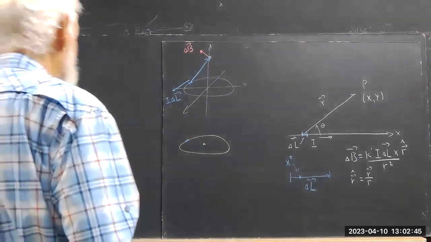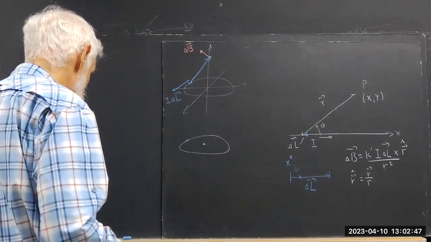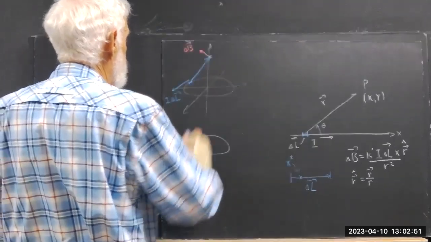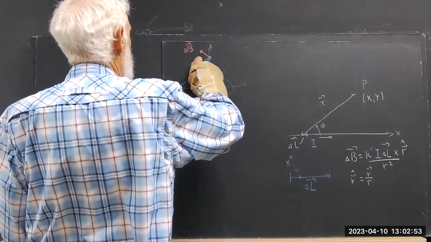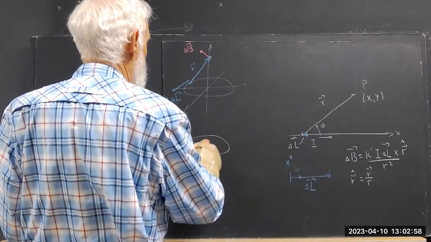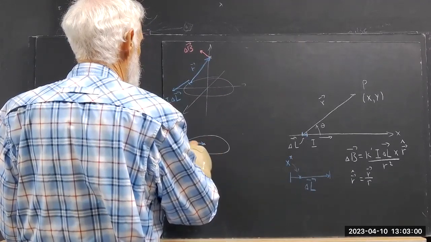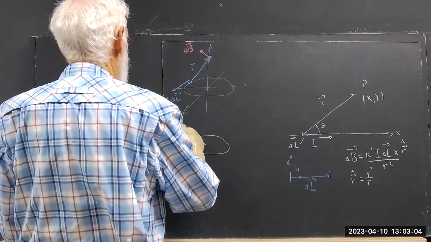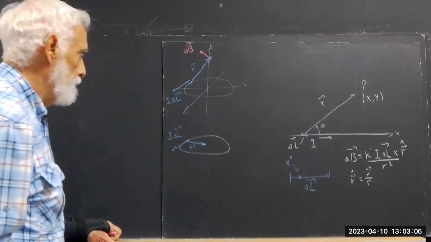Okay, so this is a much simpler picture. I think everybody got it. Like your R vector here, I delta L is here.